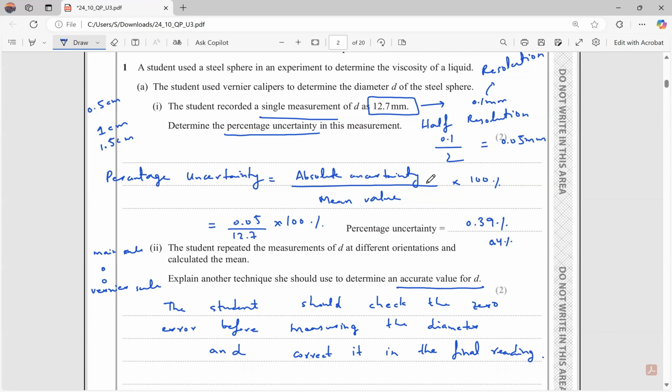There you go. So we just check the zero error and we correct it. Remember, there are 2 parts over here, checking the zero error and correcting it in the final reading. You can't just say check the zero error. You have to mention both of these points.